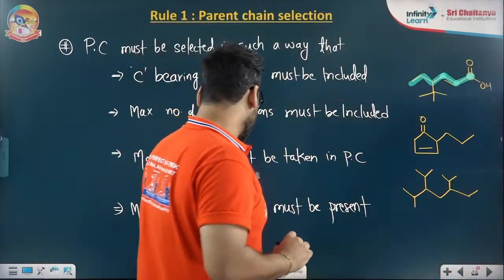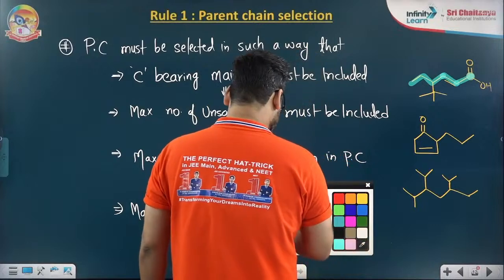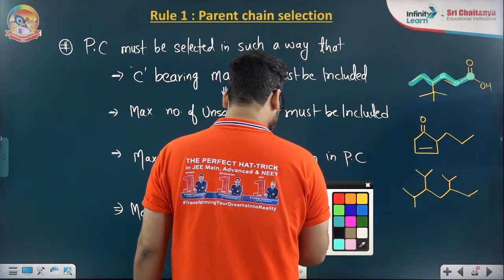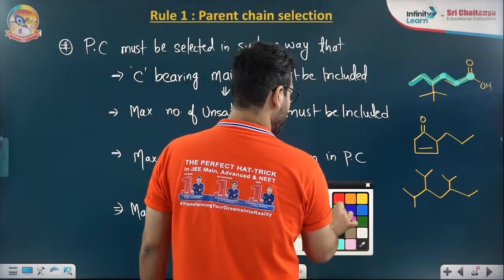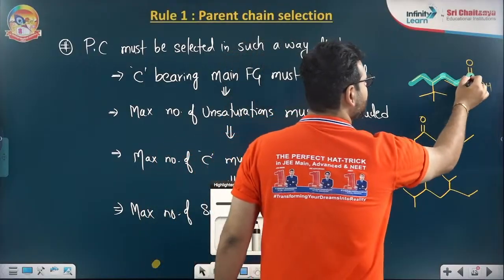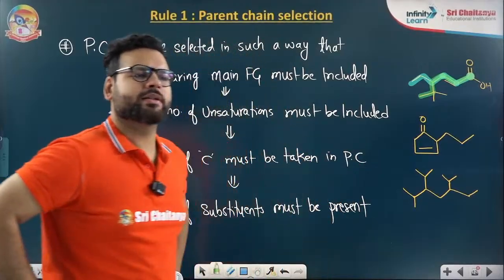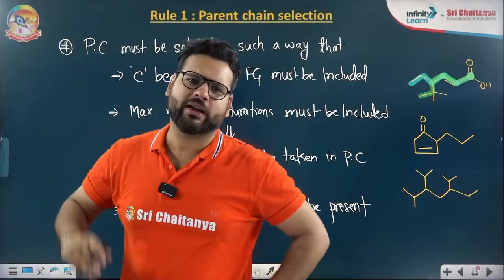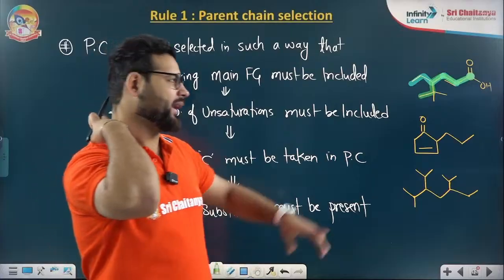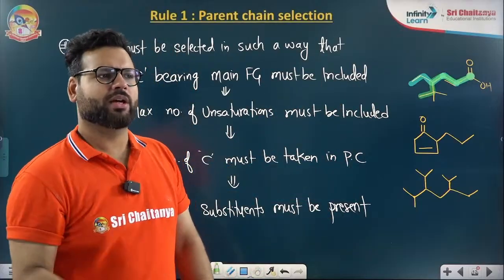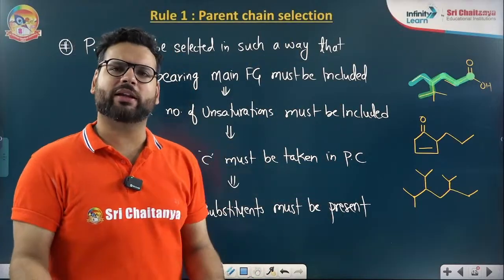But if I go down, 1, 2, 3, 4, 5, 6. Now also I am getting 6. Both sides we are getting 6. If I am going straight, I am getting 6 carbons. If I am going down, I am also getting 6 carbons.